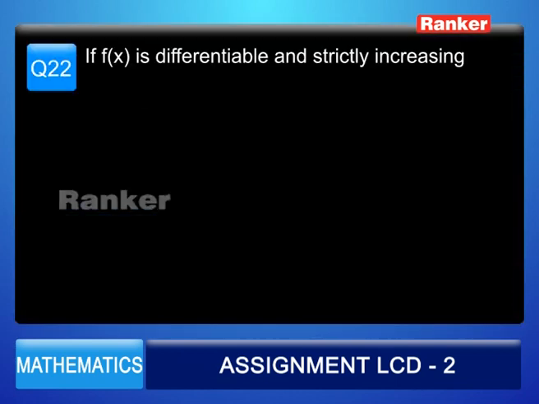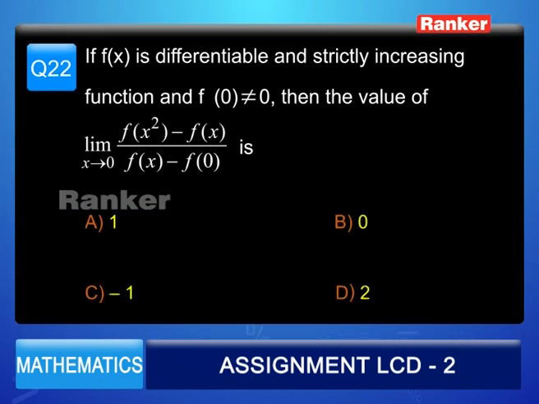Next question. If f of x is a differentiable and strictly increasing function and f dash 0 is not equal to 0, then find the value of the limit as x tends to 0 of f of x square minus f of x divided by f of x minus f of 0.